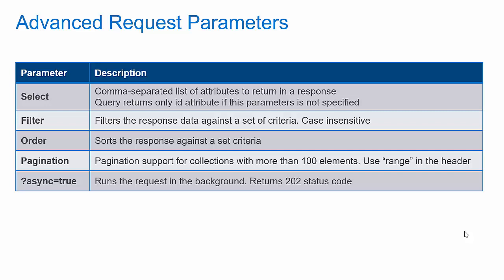In order to ensure that API calls don't take more resources than necessary, by default, GET requests only return the ID of the resource objects available. If we want to retrieve more than that, we need to explicitly request what fields we want. We can also filter the response against a set of criteria and sort the output. We can leverage the pagination capabilities when the response includes more than 100 elements.